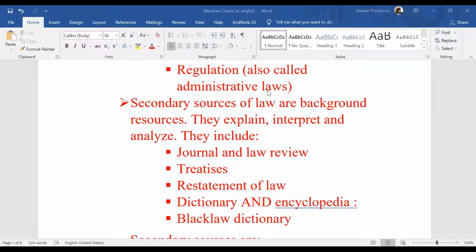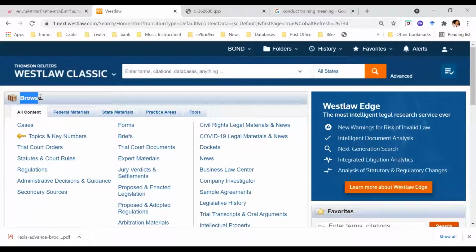So you can start with both. The default is to start with all content. And now you have to look at which one belongs to the primary sources of law. The first one I told you earlier, the cases.